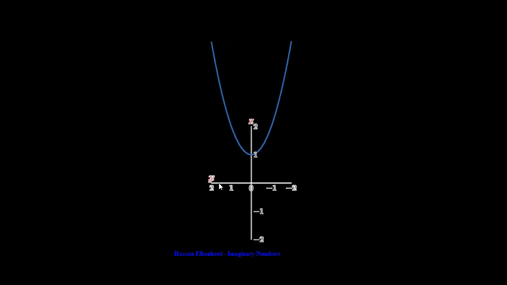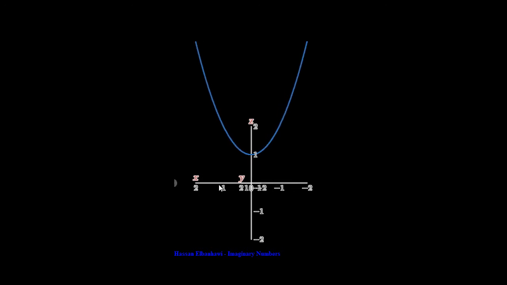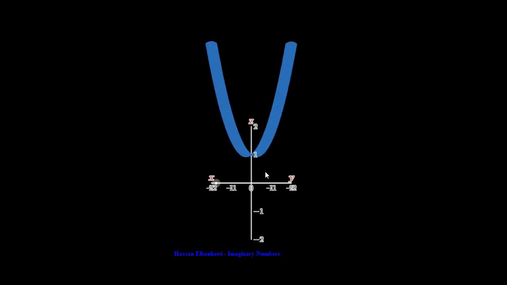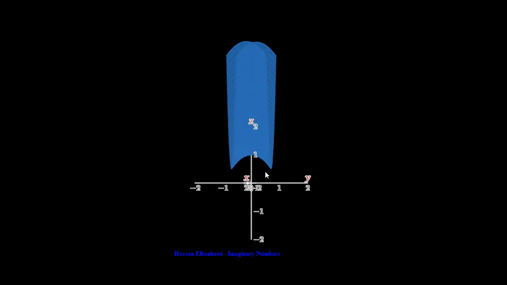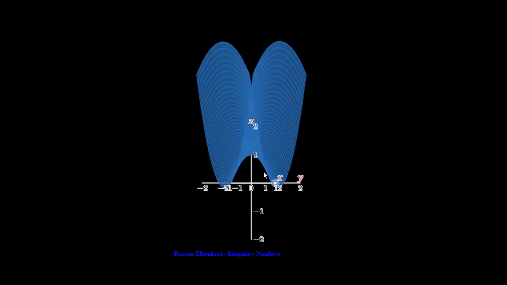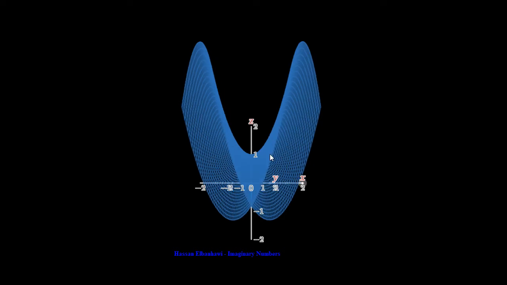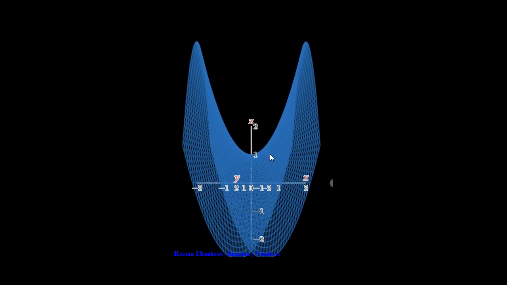So y will represent the imaginary part of the input, and we can see starting from now that if we have a value for this imaginary part, the function will start to build up around the z-axis, as you can see here. And this will be the 3D representation of our function.